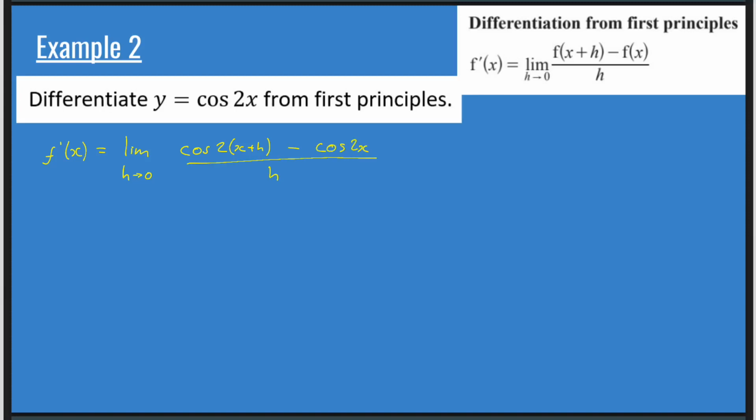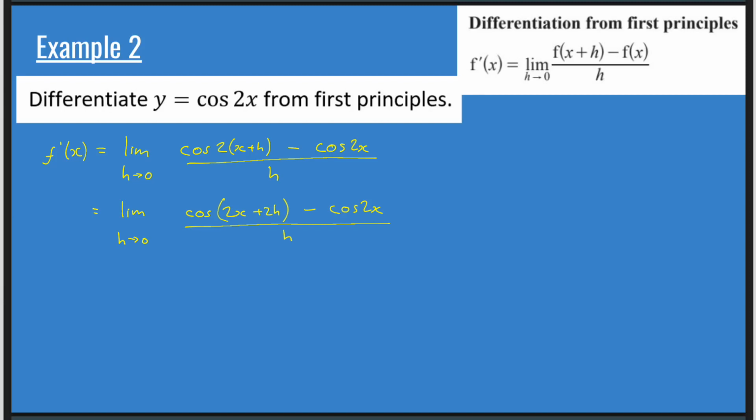That's what you set up, which is the same as cos of 2x plus 2h. I'm now in the same place as I was before. I'm now going to have to remember, though, that it's 2x plus 2h because it's two lots of this.